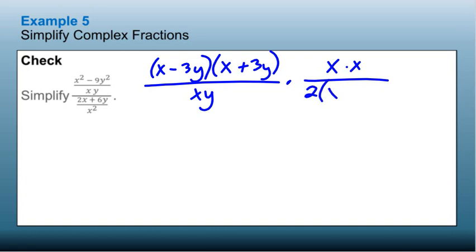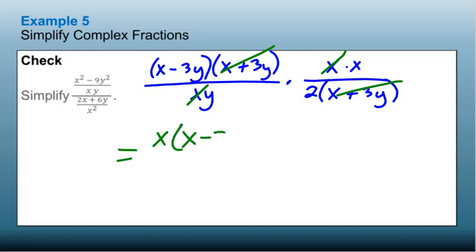That leaves me with x plus 3y. Now if I look, I have x plus 3y here and x plus 3y there. I have an x here and x here. Nothing else in common, so my answer would be x times x minus 3y all over 2y.